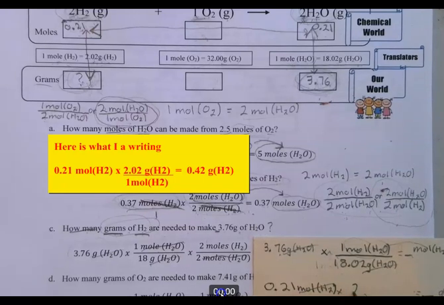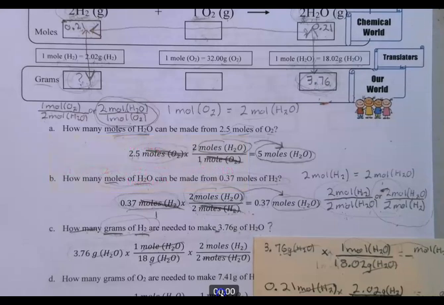So I'm going to be times 2.02 grams of H2 for every 1 mole of H2. So moles of H2 cancels with moles of H2, and the last man standing is grams of H2, which is what I want.